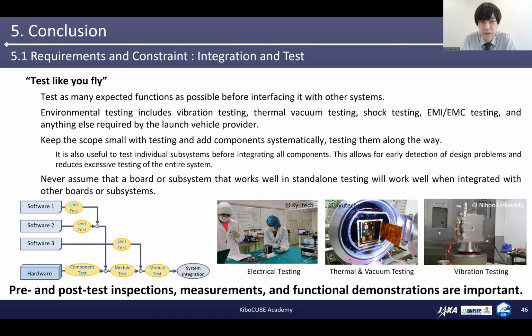Never assume that a board or subsystem that works well in standalone testing will work well when integrating with other boards or subsystems. Pre- and post-test inspections, measurements, and functional demonstrations are important.